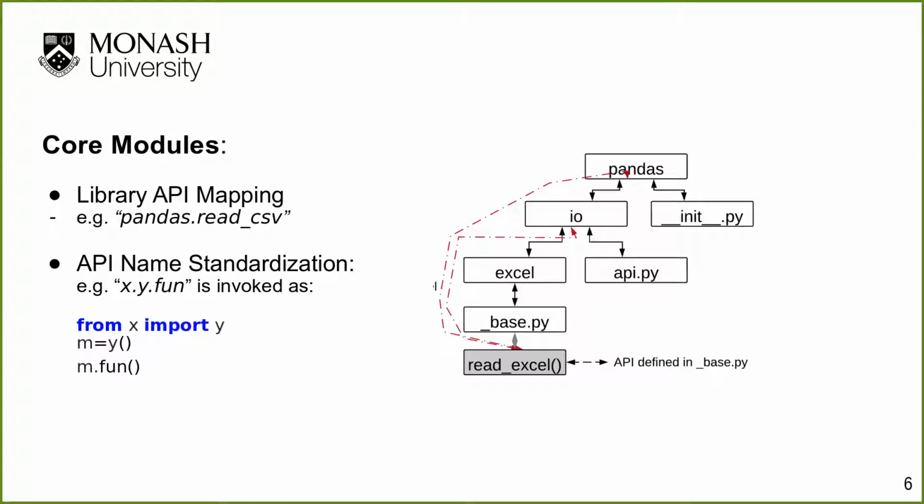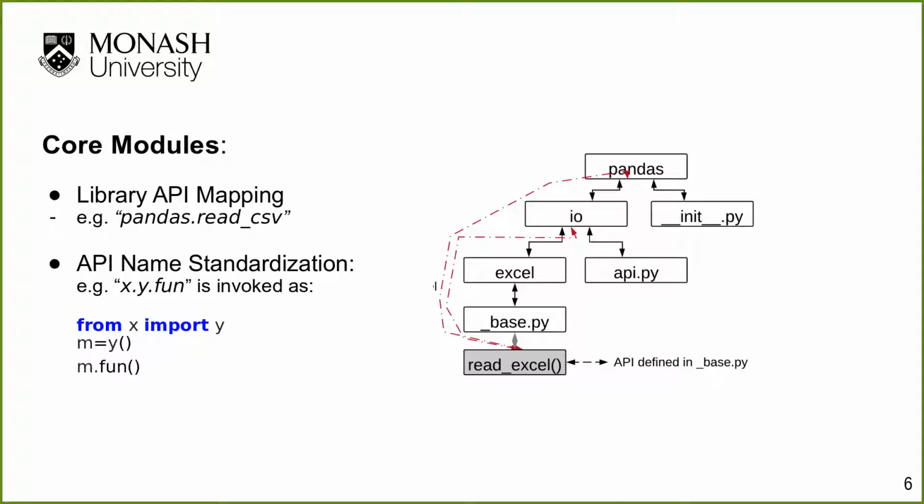For instance, the client API pandas.read_csv is implemented in a file named underline-base.py, as we see from this directory tree diagram, but the name itself does not include such paths for others to look up the implementation file.